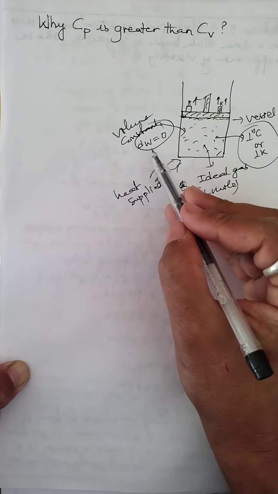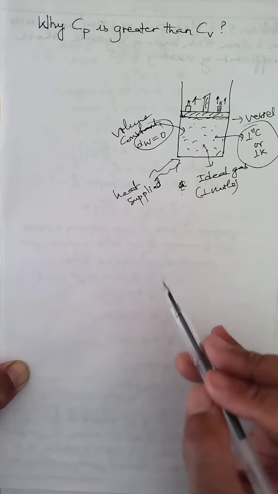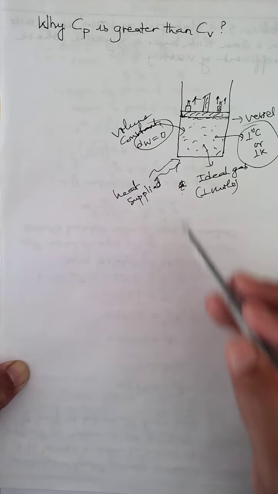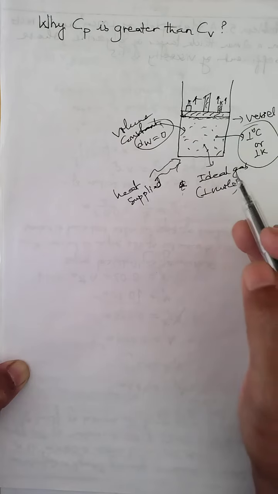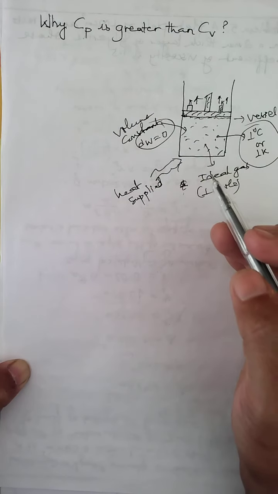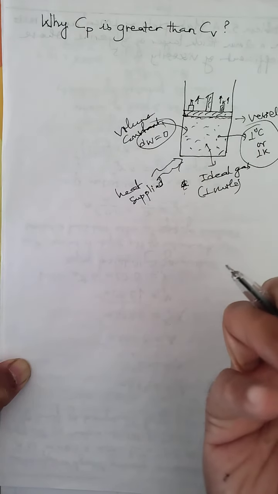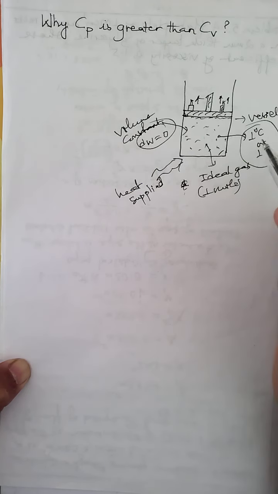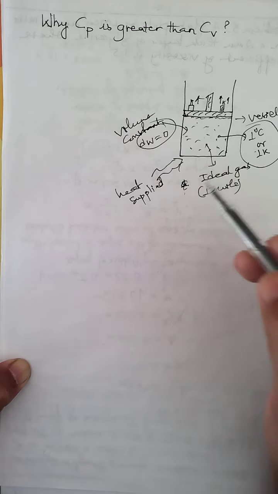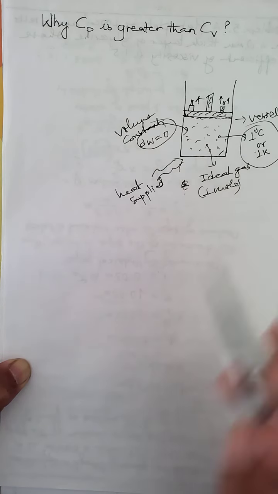We have discussed this already in detail in the relation between Cp and Cv. So when the volume is constant, no work is done by the gas. In this case, the heat taken by the gas is used to raise the temperature of the gas by 1 degree Celsius, and this is the molar specific heat of the gas at constant volume.